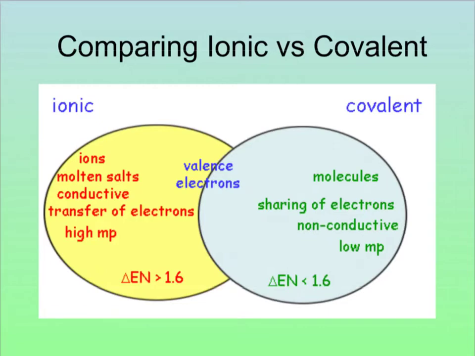They're conductive, they transfer electrons, and they have a high melting point. Whereas covalents share electrons, they are not very conductive of electricity and have a low melting point. They also have a higher electronegativity, and they both share the fact that they use valence electrons for bonding.